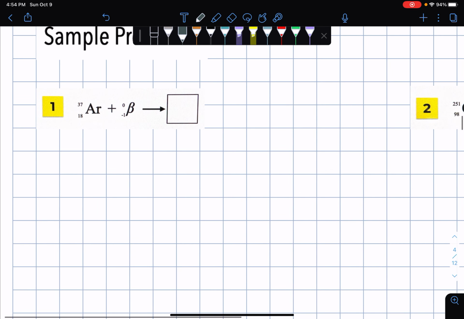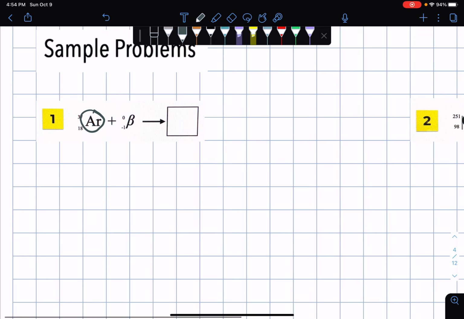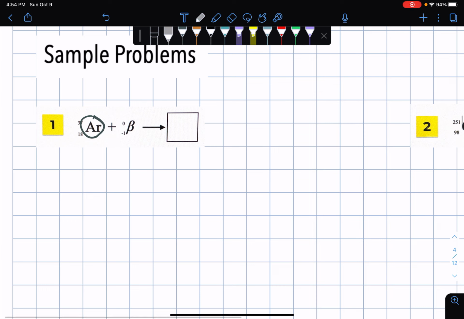Start with number 1. Given we have Ar, I am assuming, I hope I'm not wrong, the element is called argon, and it absorbs a beta particle. As you can see here, reactant plus the particle is equal to the product.